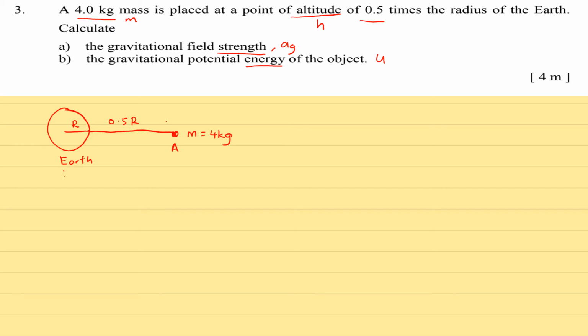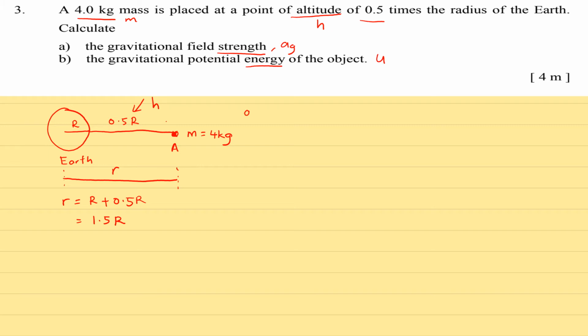So automatically the distance from the center of the Earth to point A is R equal to R Earth plus 0.5 R equal to 1.5 R. So this is equal to altitude.